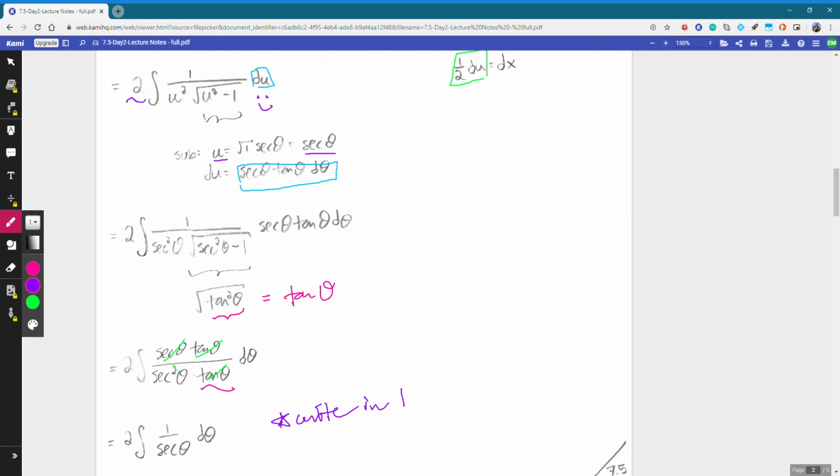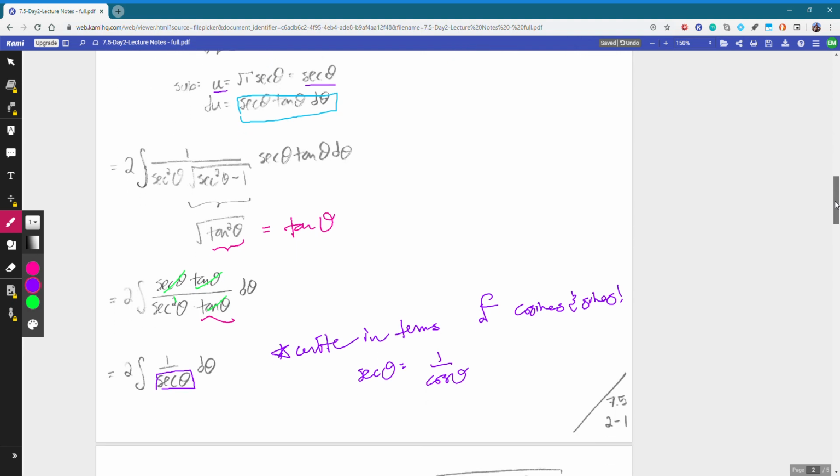So write in terms of cosines and sines, and in particular, the identity here is that secant theta is 1 over cosine theta, and so since that secant is in the denominator, when we replace that with 1 over cosine, the cosine is actually going to flip all the way up to the top, and we're left with integrating the nice clean cosine.